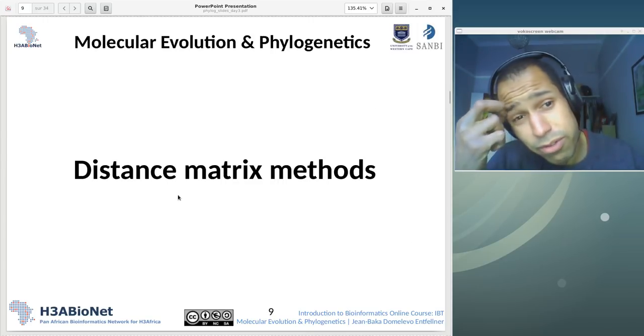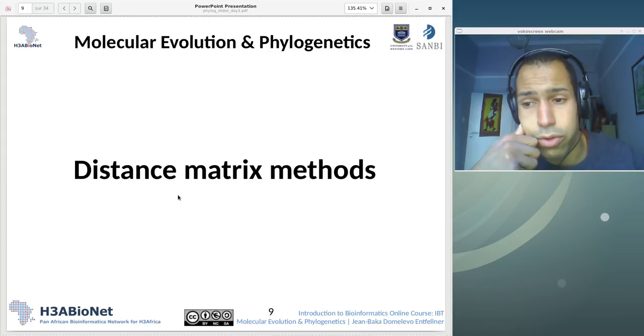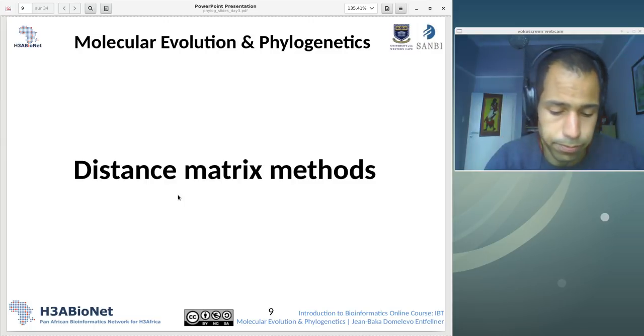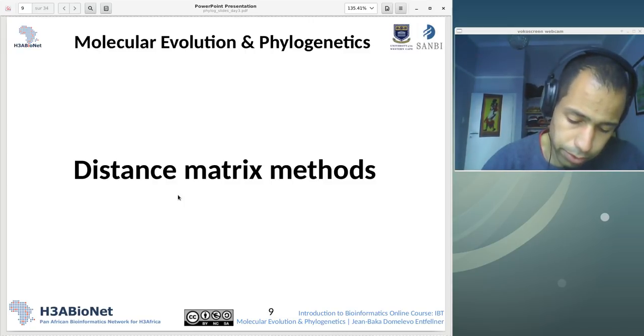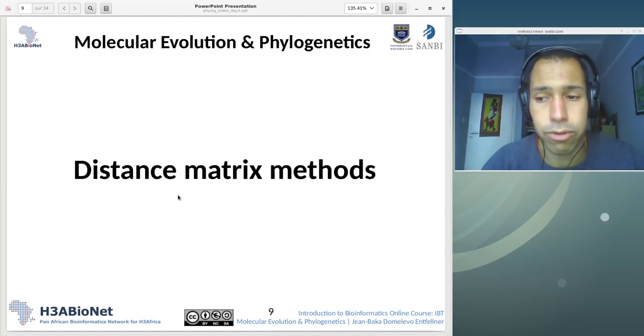So let's start with the family of methods based on a distance matrix. This is the most ancient, or the oldest family of methods to build phylogenies, and the underlying ideas are straightforward, and what is very convenient is that these techniques enable one to build phylogenies based on many different traits, be they quantitative or qualitative.